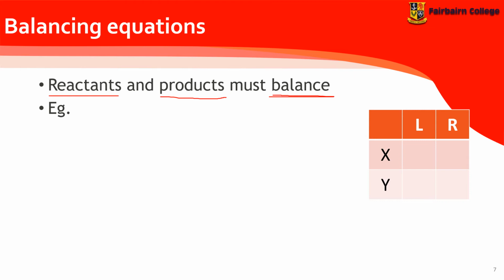So let's look at an example of X2 plus Y resulting in a compound XY. So if we look at this equation, then we can count the number of atoms on the left-hand side and the number of atoms on the right-hand side and see if they balance. So the left-hand side is the reactants and the right-hand side is the products.